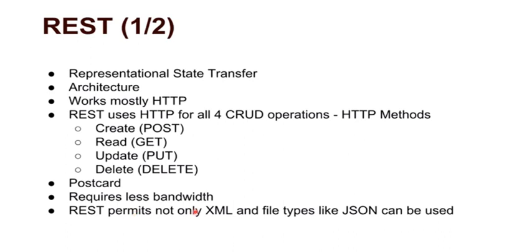REST permits not only XML, and file types like JSON can be used. So this is backward compatible with existing styles such as SOAP. If we were using SOAP for communication for the web service, then definitely REST can also be used, because it is also used with XML.